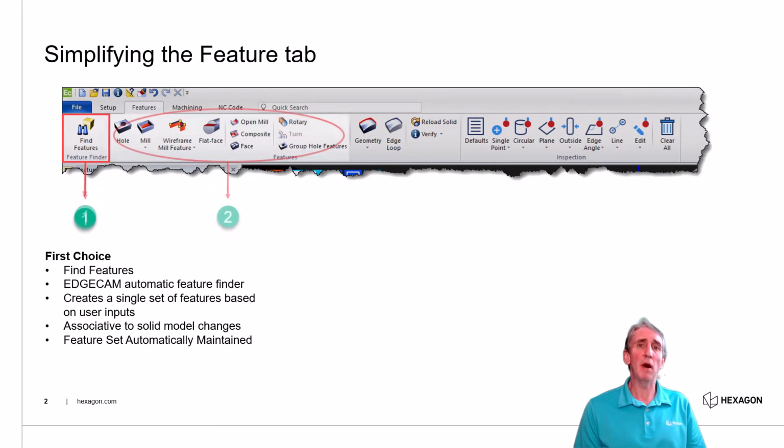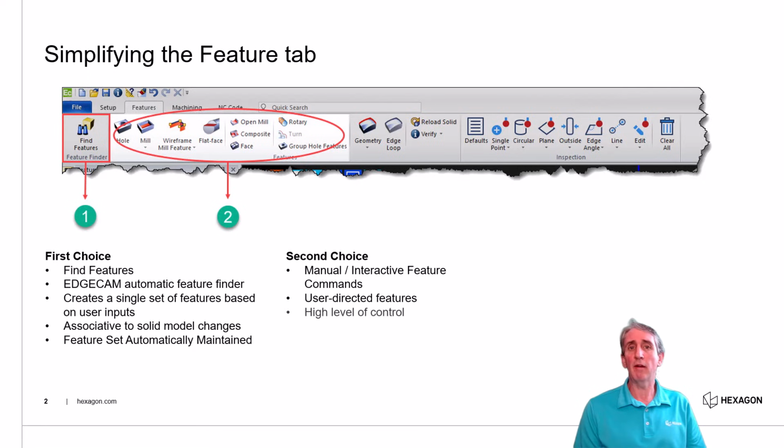However, there are some models where it may be helpful to add our own manual or interactive features. Now, in many CAM systems, manual features is all they got. As Edgecam users, we're somewhat spoiled because we have excellent automatic feature recognition, but don't lose sight of the manual features, especially for turning geometries where I may need to isolate various different regions within the model for different types of tools.